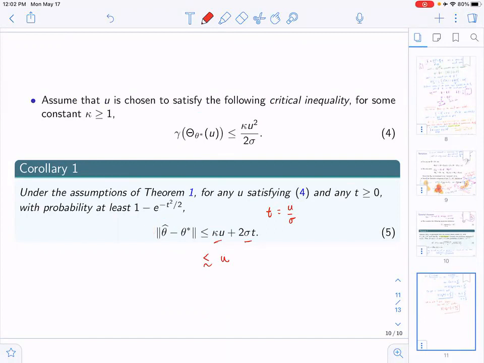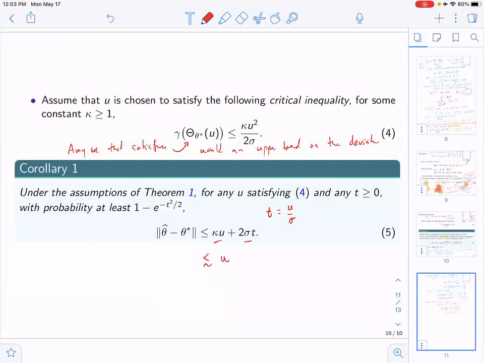So any u that satisfies this so-called critical inequality would be an upper bound on the deviation, assuming that we choose the t correctly.